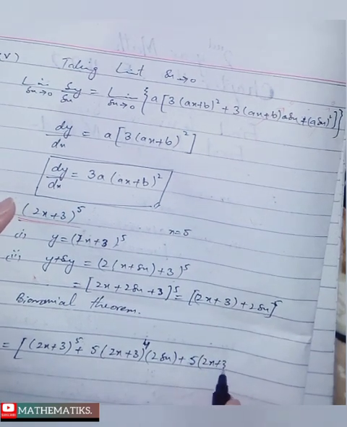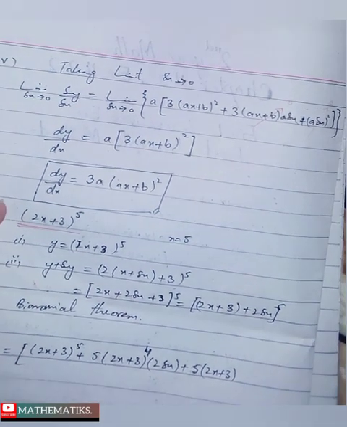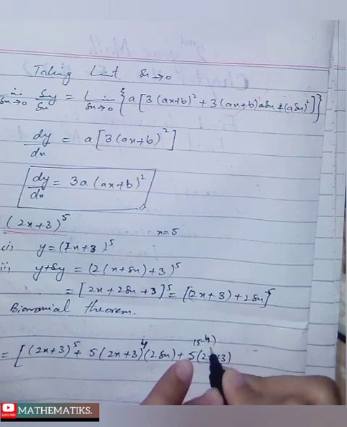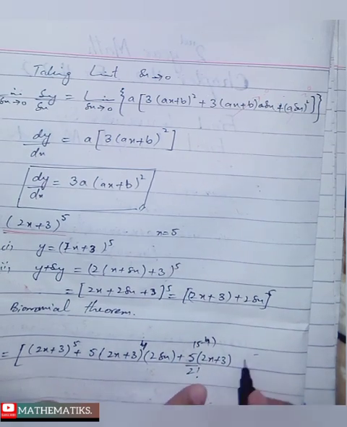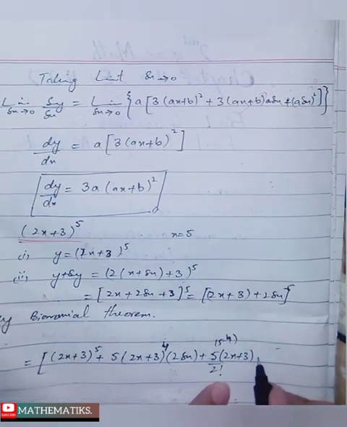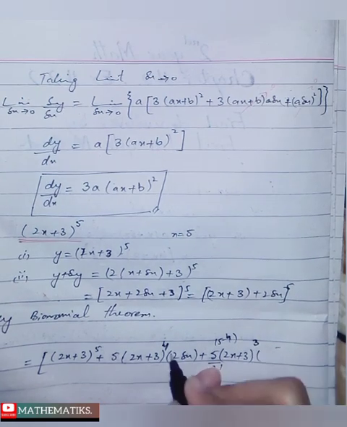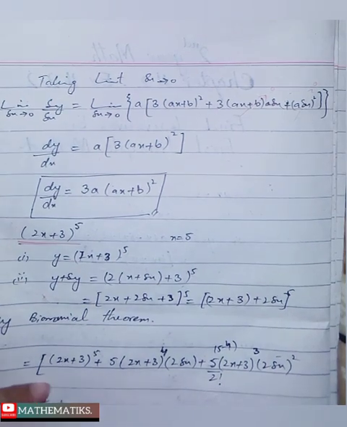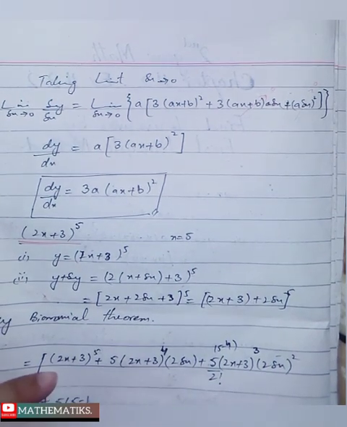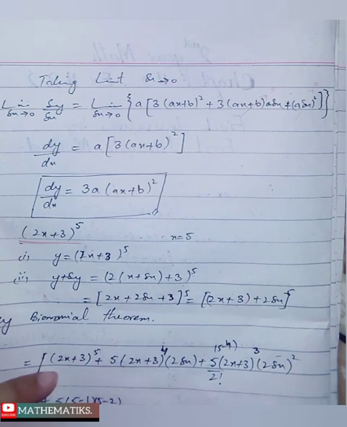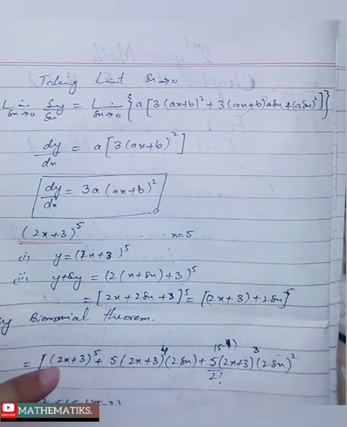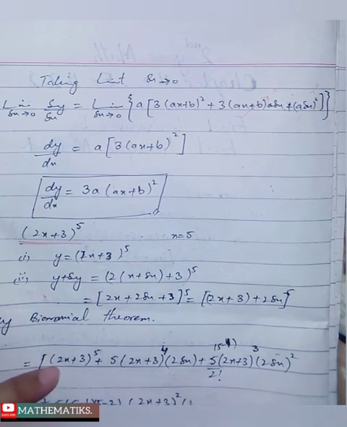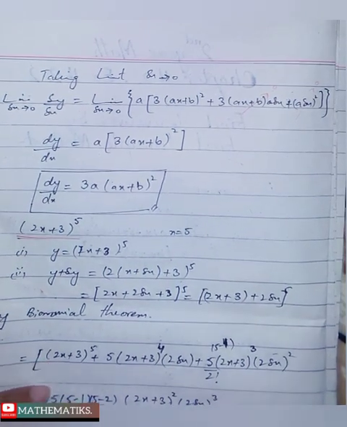Sorry, it's not 5 into this thing. We have to write the other factors too, like 5 into (5 minus 1) divided by 2 factorial, (2x plus 3) power 3, since 4 minus 1 is equal to 3, then (2 partial x) power 2, plus 5 into (5 minus 1), (5 minus 2) divided by 3 factorial, into (2x plus 3) whole power 2 into (2 partial x) whole power 3, right?